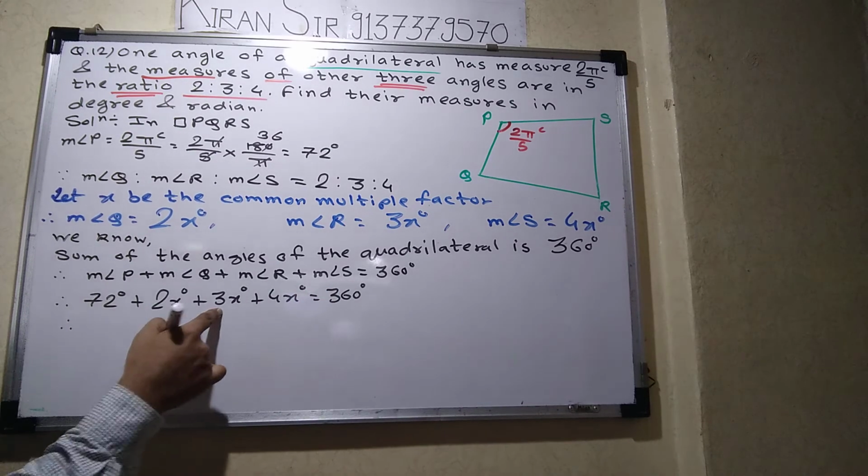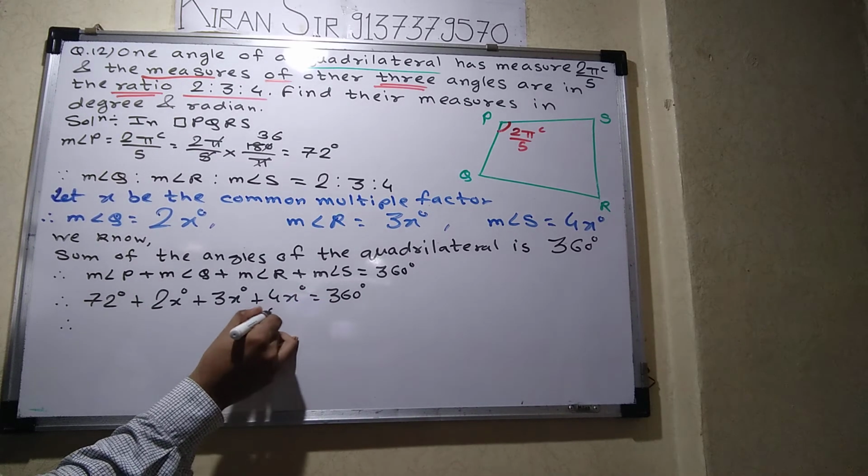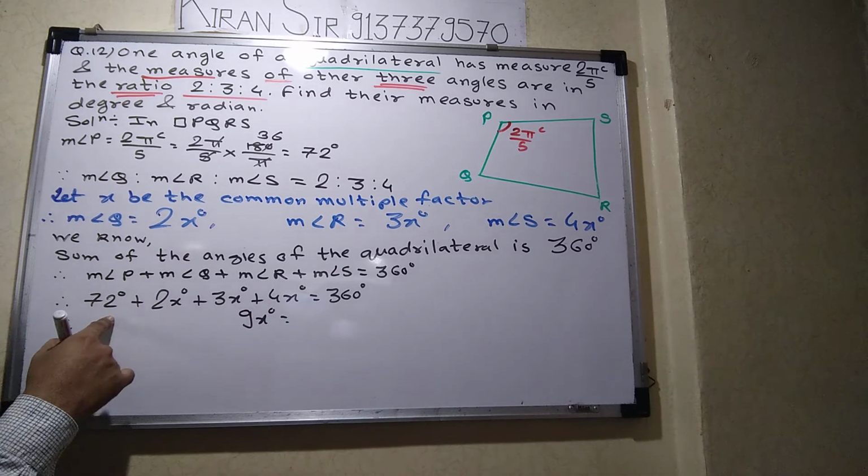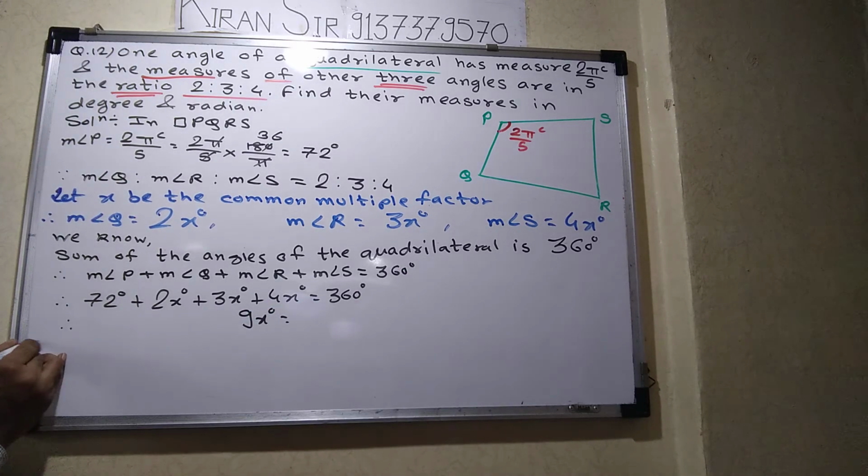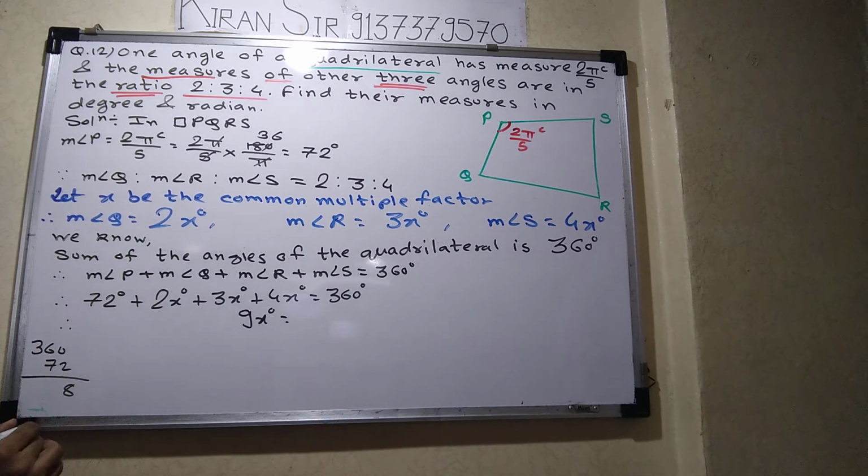Okay, 2 plus 3 is 5, plus 4 is 9x degrees. And here, 360 minus 72. How much is it? You just check. 360 degrees minus 72 is 288. Am I right?